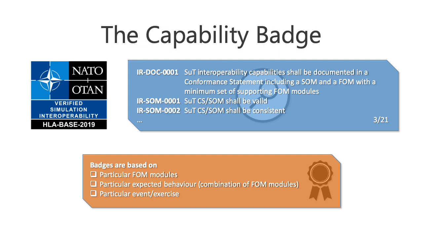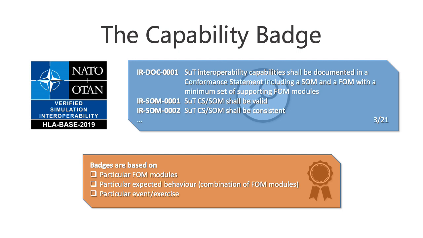So, for example, documentation is available. That is nothing that the tool can test, but this is something that a human has to look at. And a collection of those interoperability requirements is then put together as a badge. And those badges can be based on a particular FOM module.